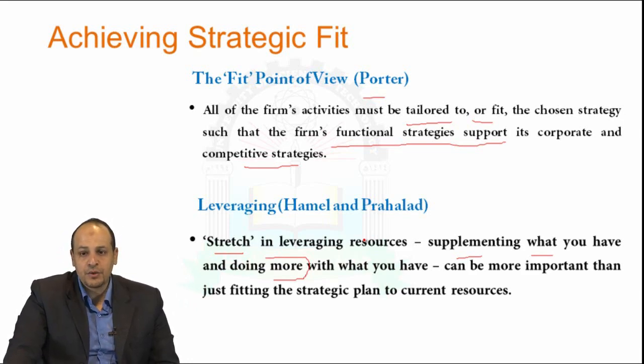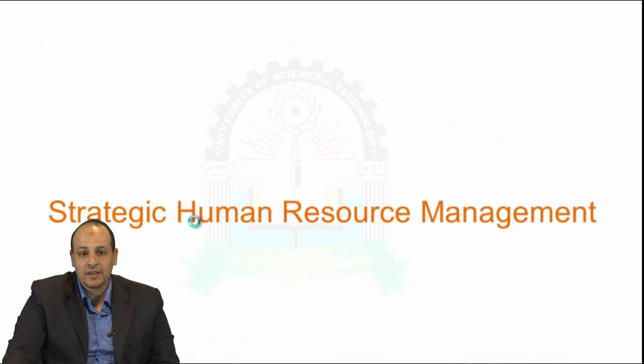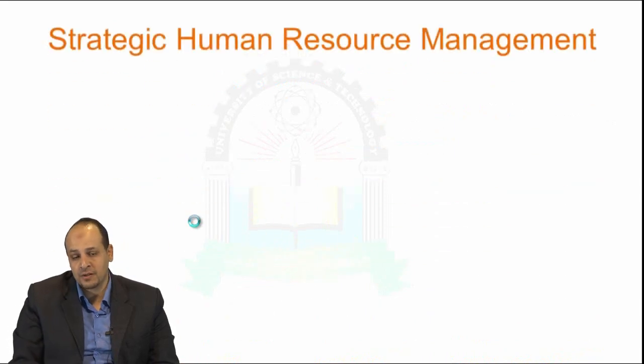Now, strategic human resource management here. It is the linking of human resource management with strategic goals and objectives in order to improve business performance and develop organization cultures that foster innovation and flexibility. As you said before, human resource management is linked to the strategies adopted by different functions.